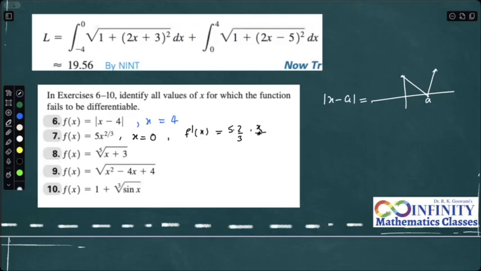Intentionally, I'm writing this expression as 1 over x power 1 by 3. No doubt? Now look at the expression on the right hand side. If x is 0 in the denominator, the derivative is not defined. So the derivative does not exist at 0. 0 is the point where the function has an issue.